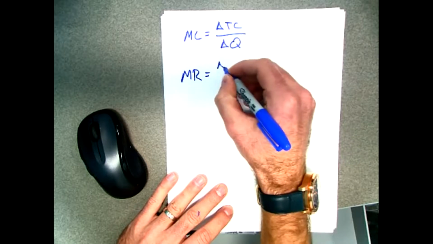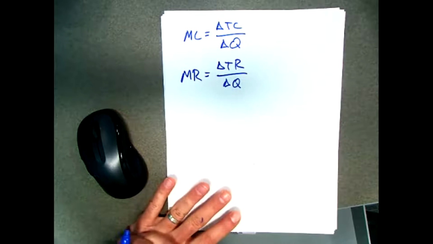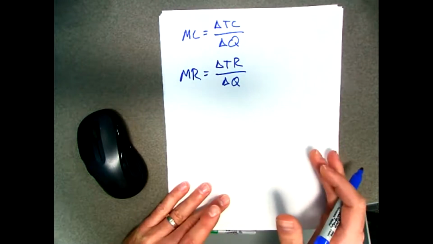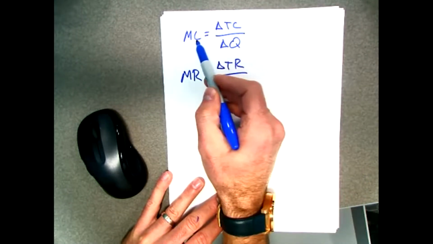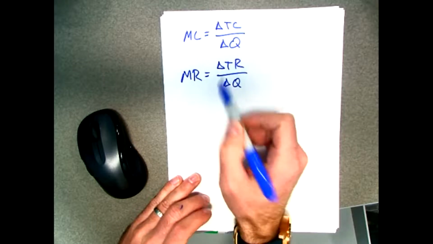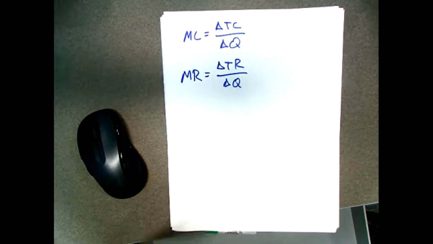Well, that was just the change in total revenue from the change in the number of units we produced. Okay. So anytime we're looking at the marginal blank, it's the change in whatever that blank is, right? Cost or revenues would be the change in total costs or the change in total revenues divided by the change in quantity, always divided by whatever that change in production or the change in output or the change in quantity was, right? Three different ways of saying the same thing.